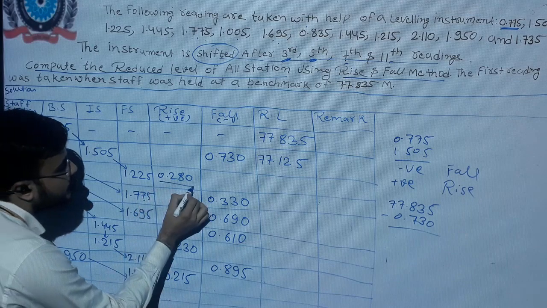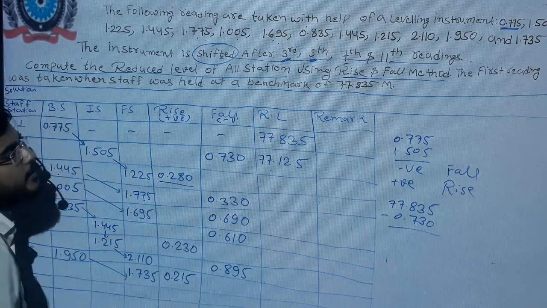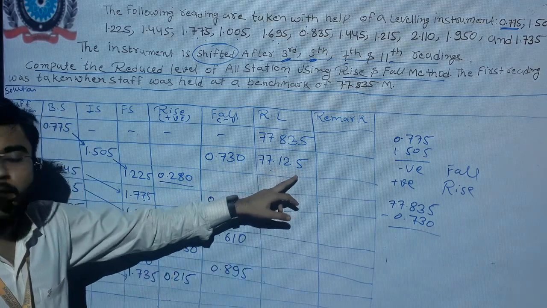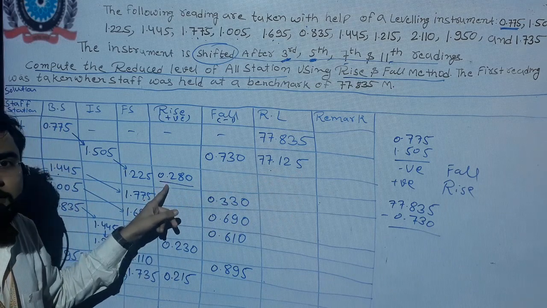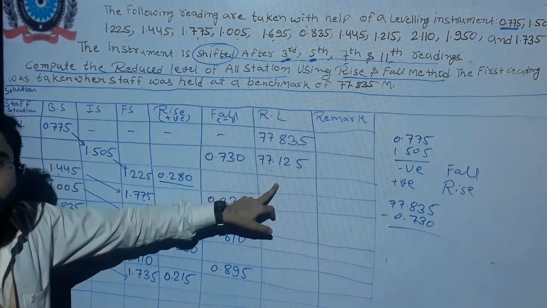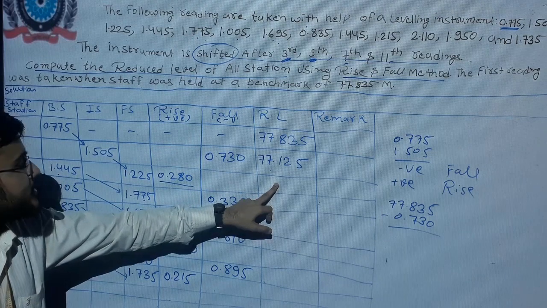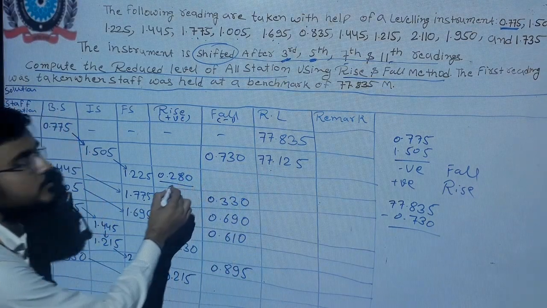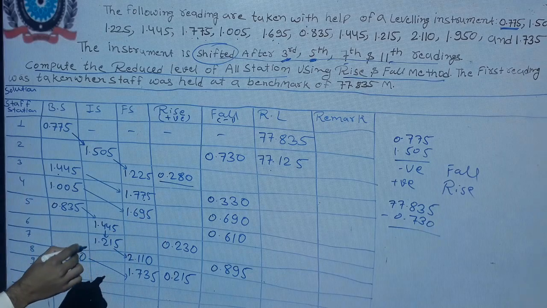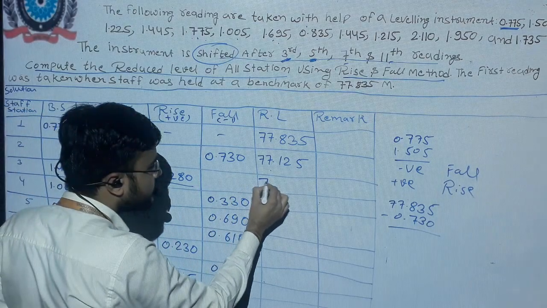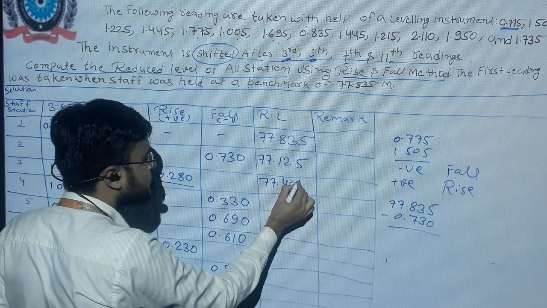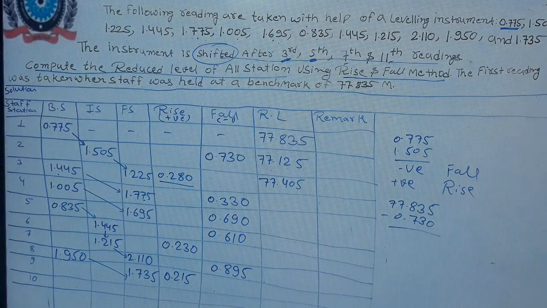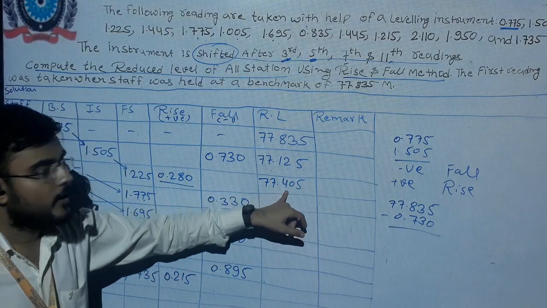This is the rise. So to 77.125, we will add 0.280. This will give you the reduced level of staff station 3. So 77.125 plus 0.280, the answer will be 77.405. Okay. Now this is the new RL.